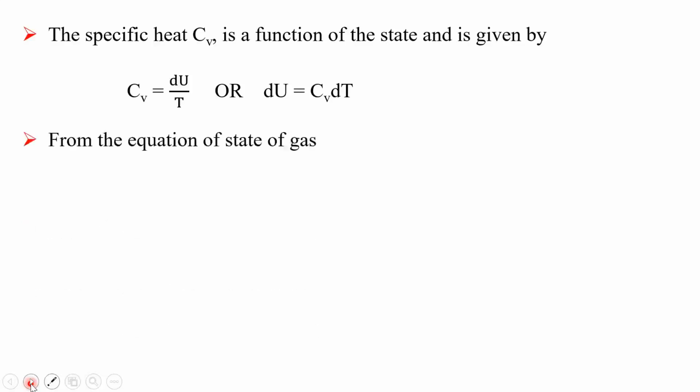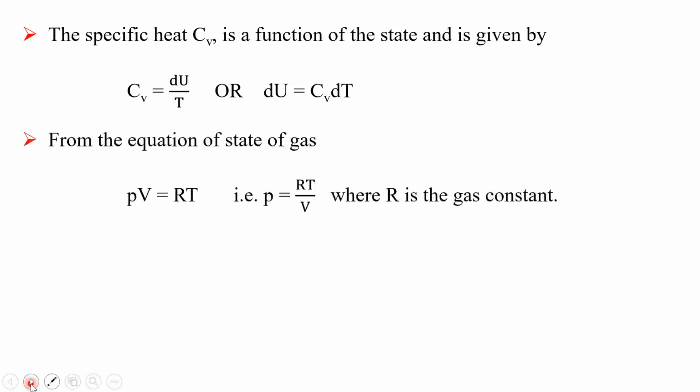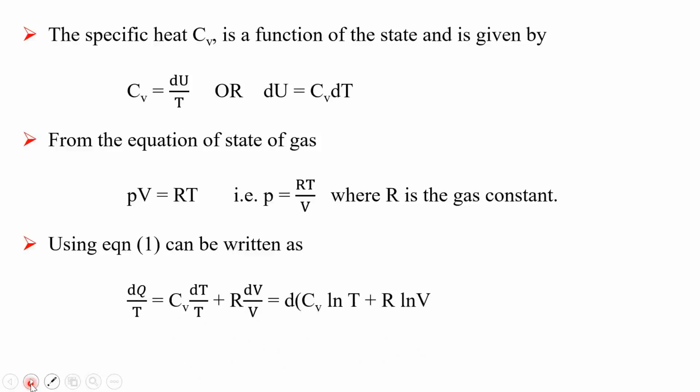From the equation of state of a gas, PV = RT, so P = RT/V, where R is the gas constant. Using equation 1, it can be written as dQ/T = Cv dT/T + R dV/V = d(Cv ln T + R ln V).